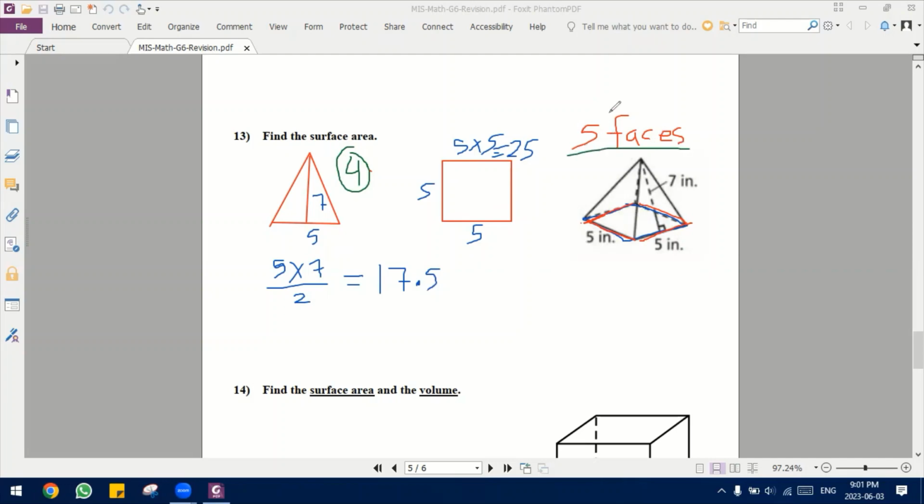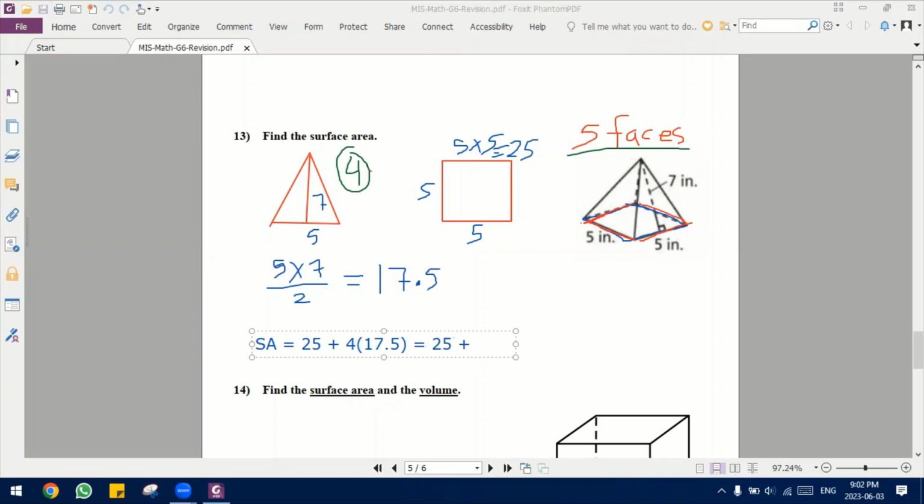Okay, now we can go and write the surface area. So the surface area, SA, equal to, I have the square, which is 25 inches squared, plus, we said we add the areas, plus I have the triangle, the area of it is 17.5. But how many triangles do I have? I have 4. So I put 4 outside the bracket, which means I need to multiply by 4. Now 25 plus 17.5 times 4.